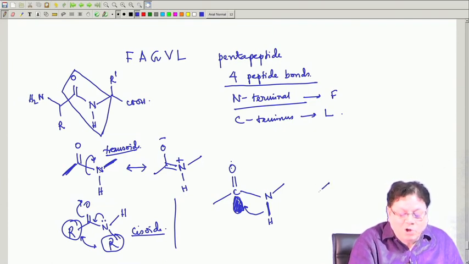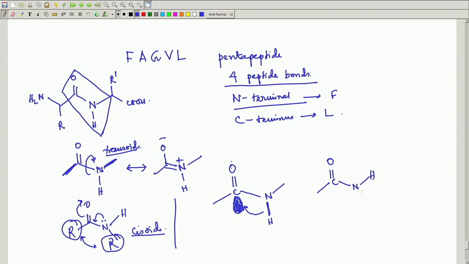If you draw the seesaw form, you do not get this donation, which is like hyperconjugation. Hyperconjugation is effective for hydrogens only. So, this hyperconjugation is absent, and this is R now. So, this has much less donor power.